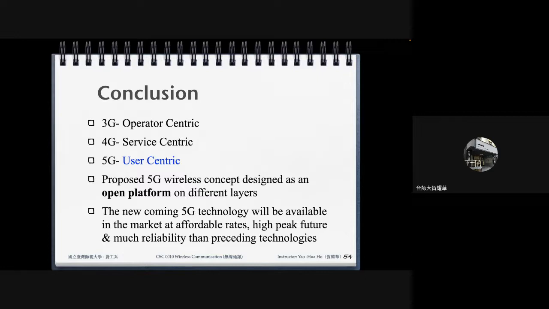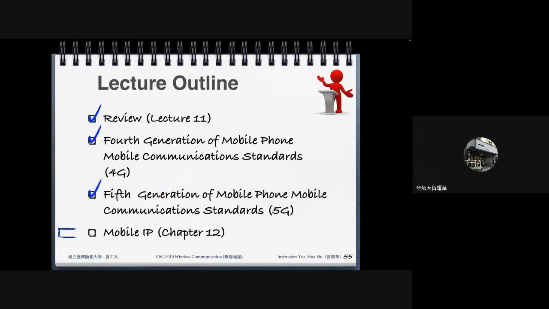And with much more reliability compared to previous technology, which means they are always connected.